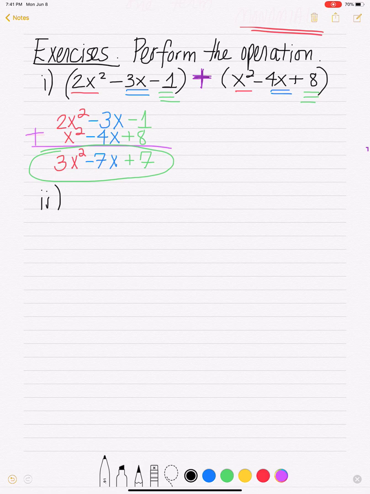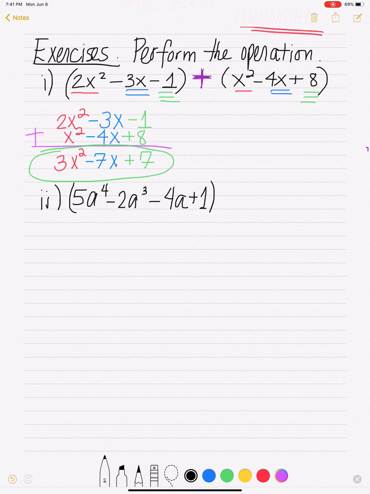Number 2. How about we have 5a to the 4th minus 2a cubed minus 4a plus 1. So that's my first polynomial.